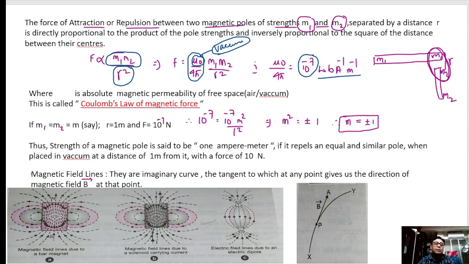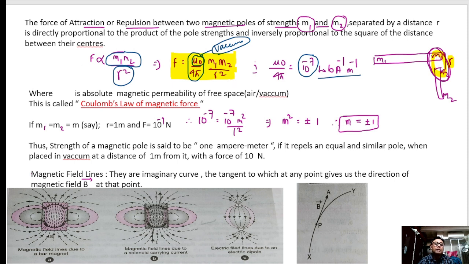So the formula for the force of attraction or repulsion between two poles of two different magnets, M1 and M2, separated by a distance r: if it is like poles, it is repulsion, and if it is unlike poles, it is attraction. Opposite poles attract, and like poles repel.